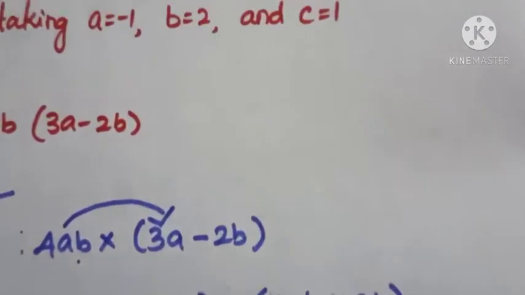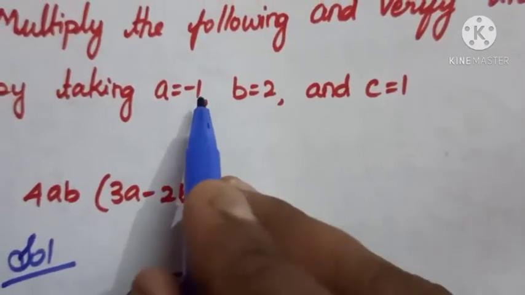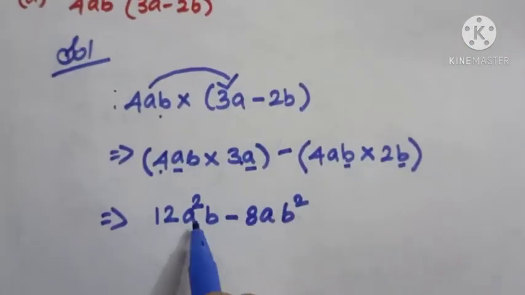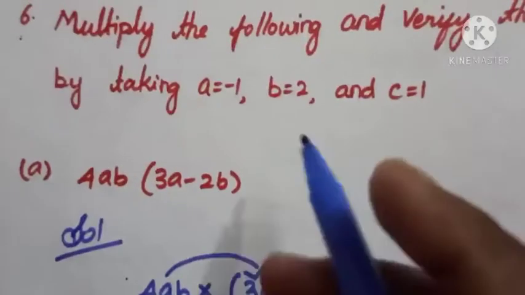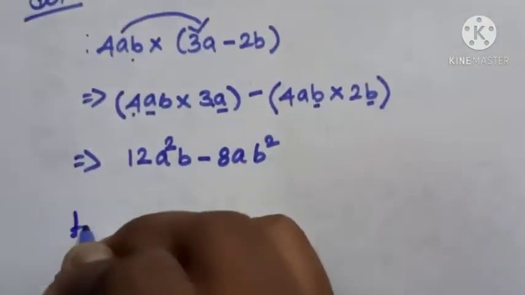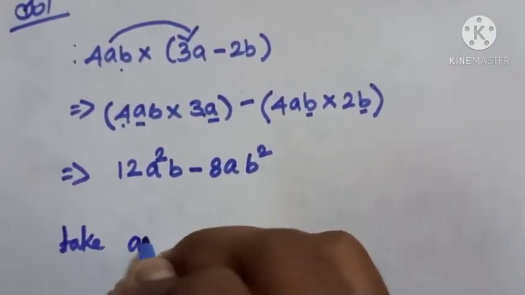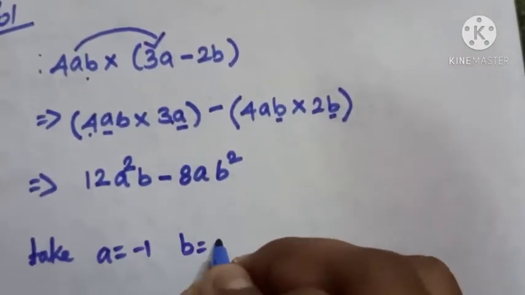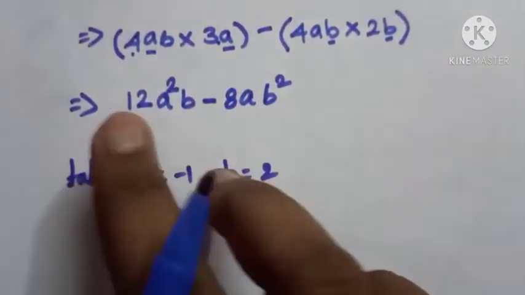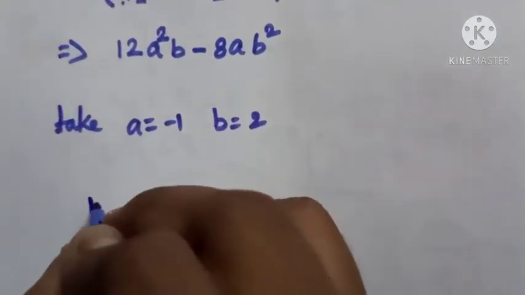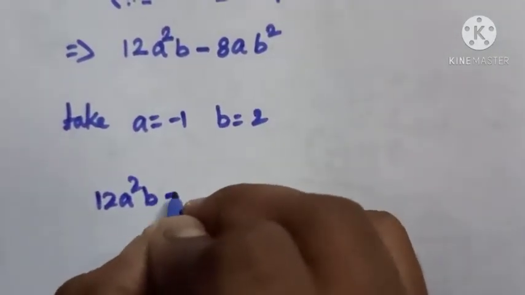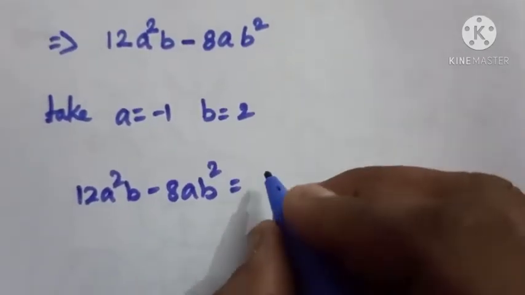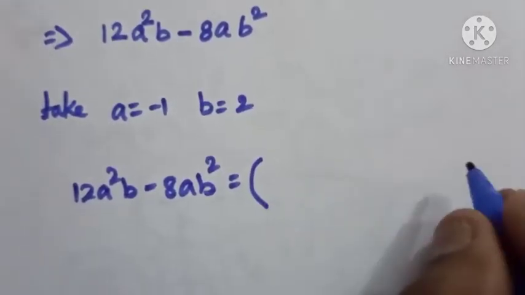Here in our question we need to take A equal to -1, B equal to 2, C equal to 1. Here what are the variables present? A and B. So we take A equal to -1 and B equal to 2. We just write this product as it is, 12A square B minus 8A B square. Now we need to write it in multiplicative form.